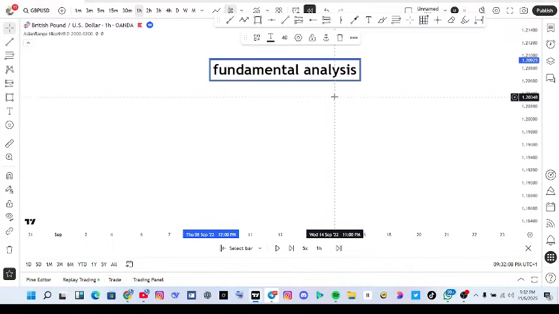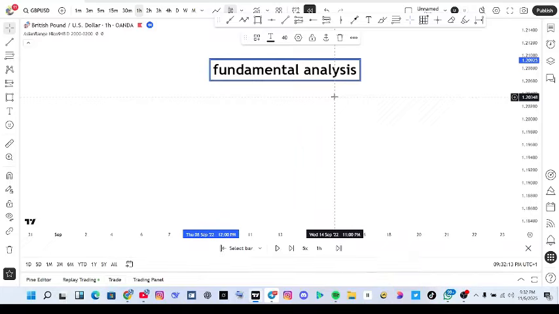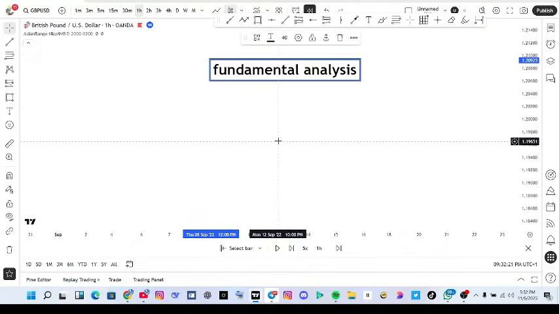It's just the use of economic data and news to analyze the market. Now, technical analysis is using past price action to predict what will happen in the future. But fundamental analysis is different. We still have sentimental analysis. Now, fundamental analysis is majorly news.